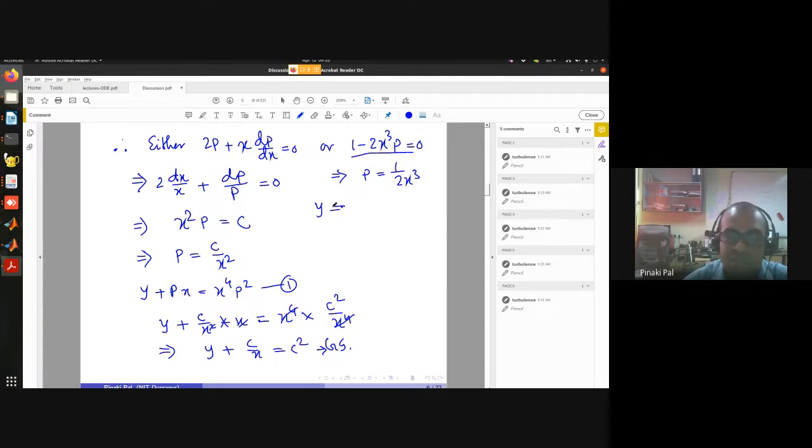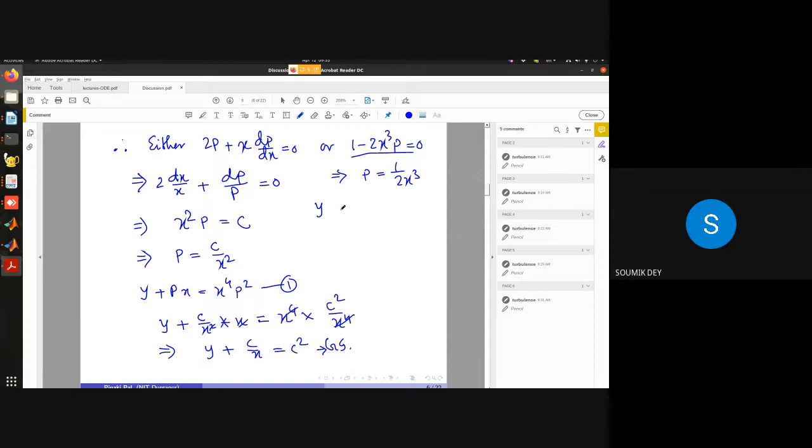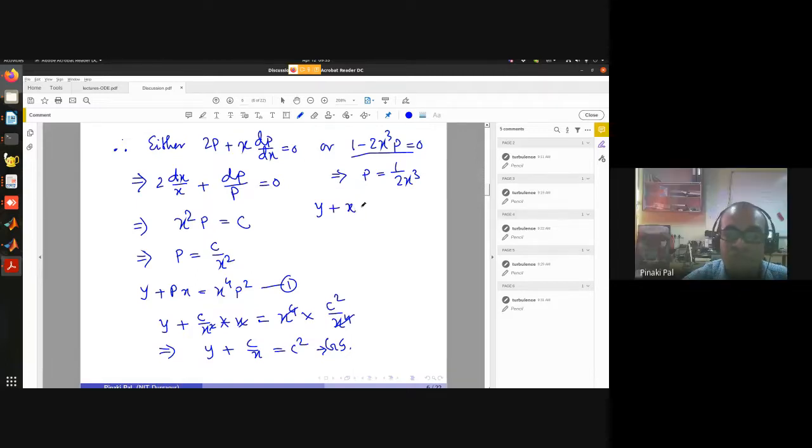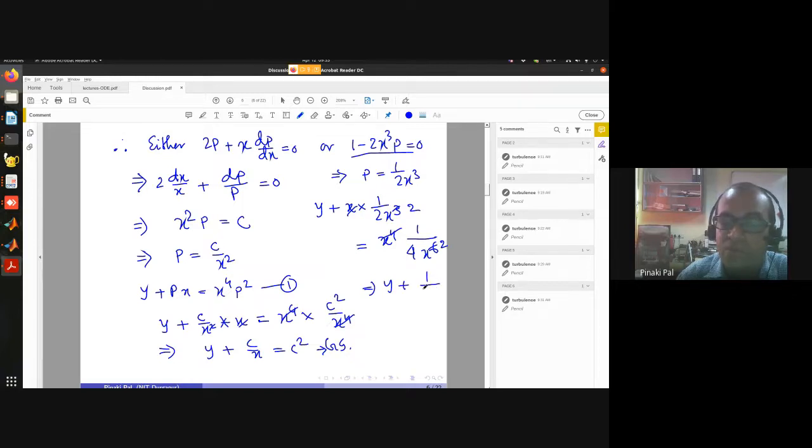That means y plus x into 1 by 2x cube is equal to x to the power 4 into 1 by 4x to the power 6. That means you will get x squared, and here also you will get x squared. So that means y plus 1 by 4x squared is equal to 0.